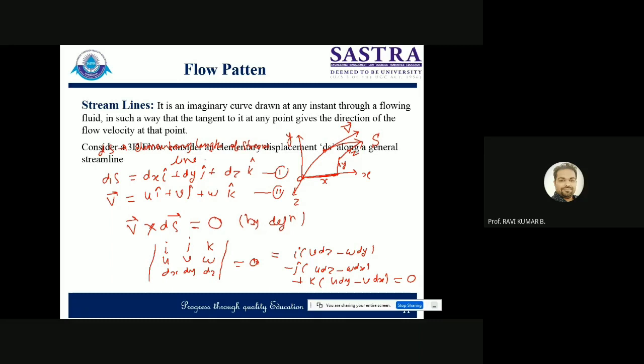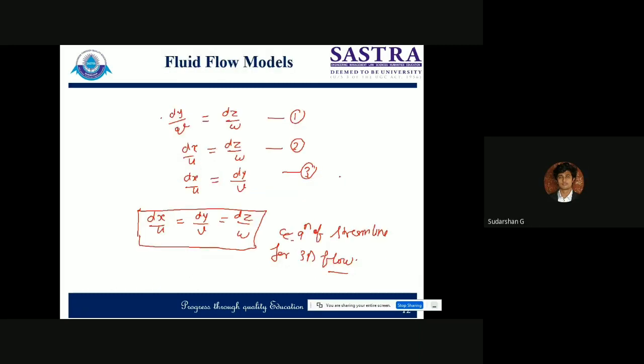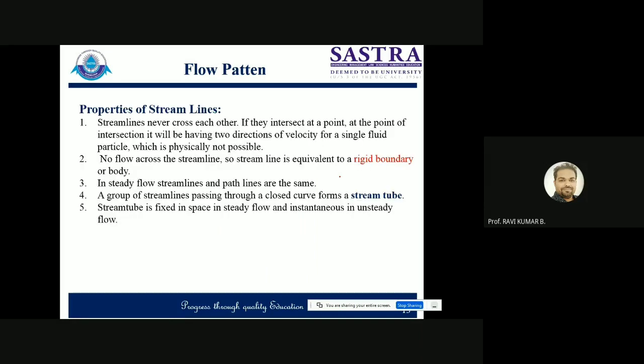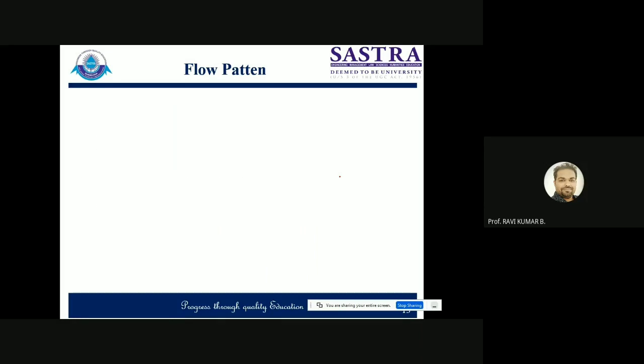But we are considering only a local point here, one single point. If you are drawing a tangent, that is showing the resultant velocity. So ds by dt will not be dv by dt. Clear?